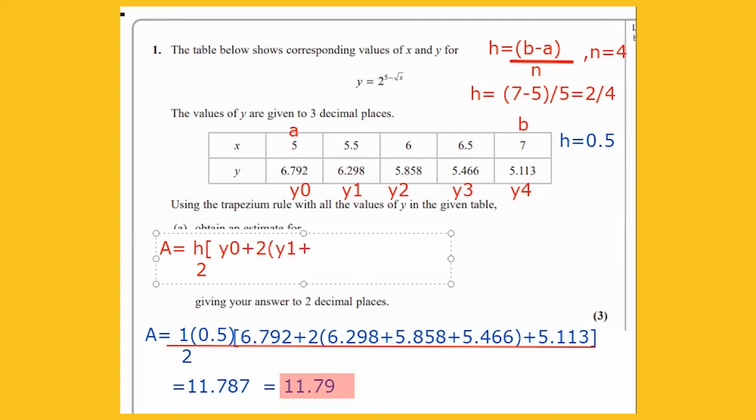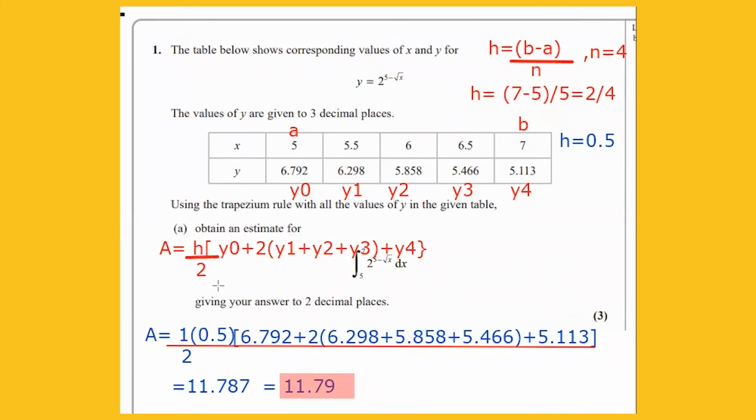So y1 plus y2 plus y3, and then we close brackets, and then we have the y4 that just stands alone, and we now proceed with the calculation.